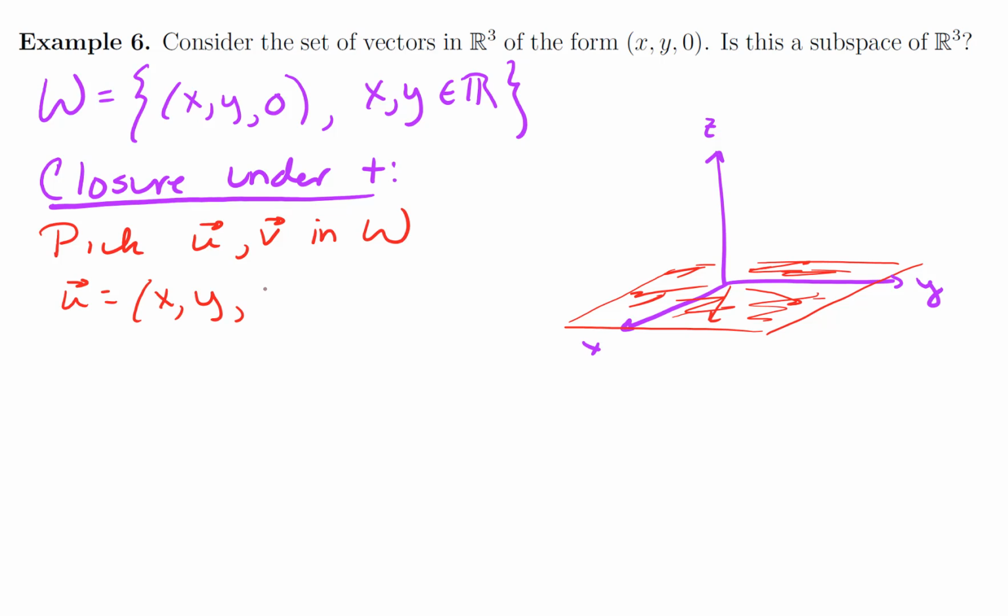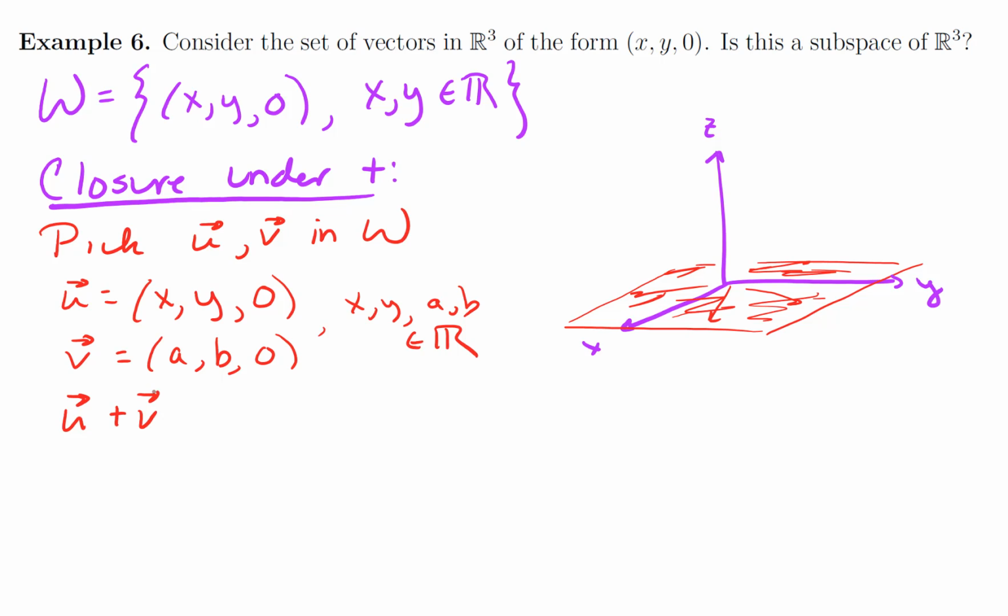The third component has to be 0. Picking another vector, let's call it (a, b, 0), and we'll specify that x, y, a, and b are all real numbers. They're not bananas or something silly. Then we add them up, we get u plus v, which is (x plus a, y plus b, 0). And that does fit the form of living in W. W said you can have anything in the first 2 components, but the third one has to be 0. And we've met that condition here.